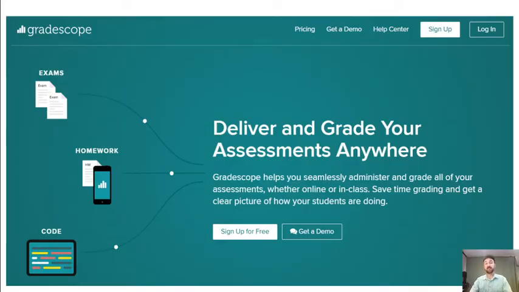I take in work in an online fashion through Gradescope. This is an online platform that allows me to take in pictures of paper copies of exams or assigned practice from students. Students can upload that work into Gradescope, either as a PDF or as a picture.